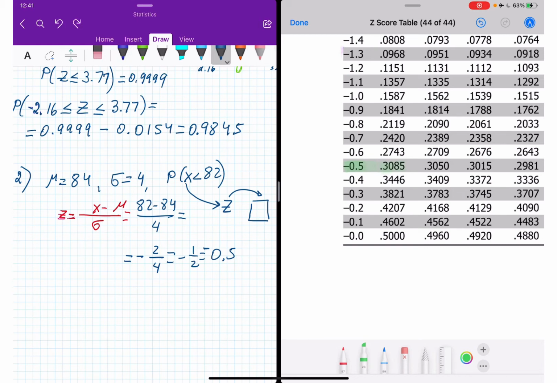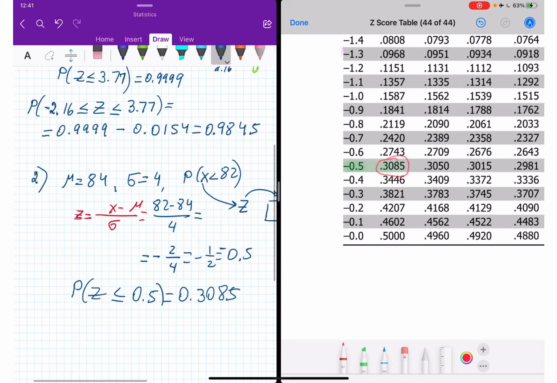Therefore, we are looking at 0 here, and 0.3085. So the probability for z-score less than or equal to negative 0.5 is equal to 0.3085.